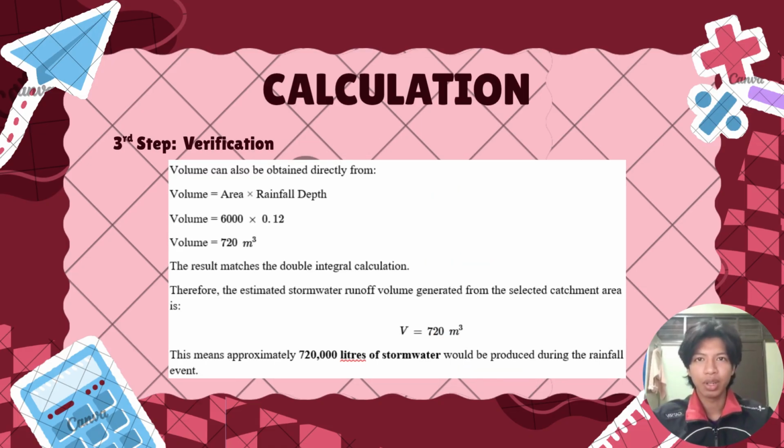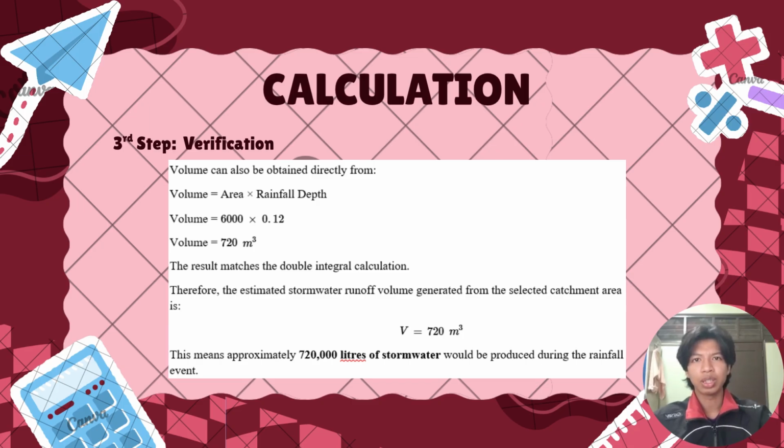Then we go to step 3, which is verification. For the final calculation step, verification was carried out to confirm the accuracy of the double integration result. A direct volume formula was used by multiplying the catchment area with the rainfall depth. Volume equals area multiplied by rainfall depth. Substituting, the volume becomes 6,000 multiplied by 0.12, which also produces 720 cubic meters.